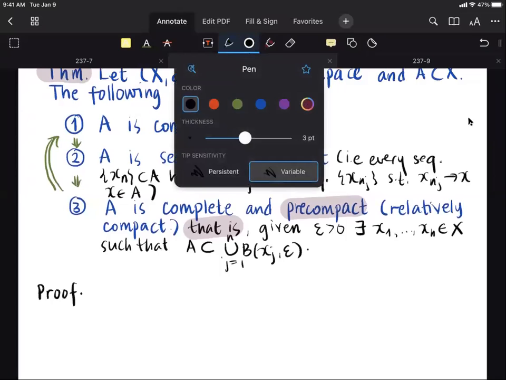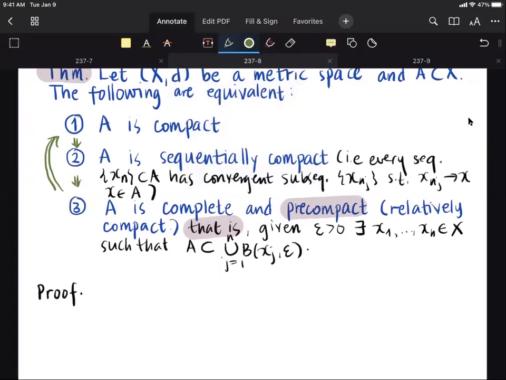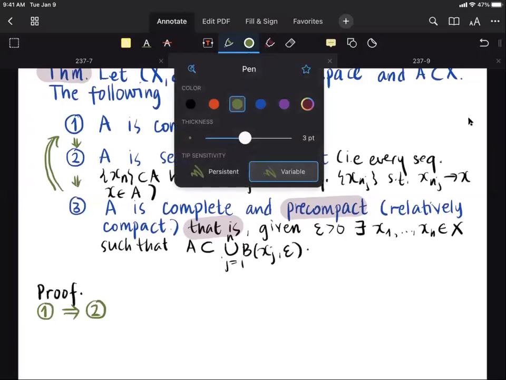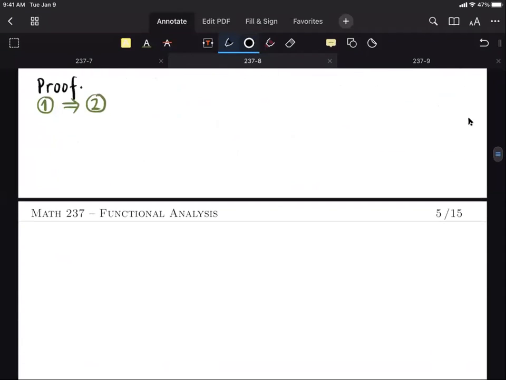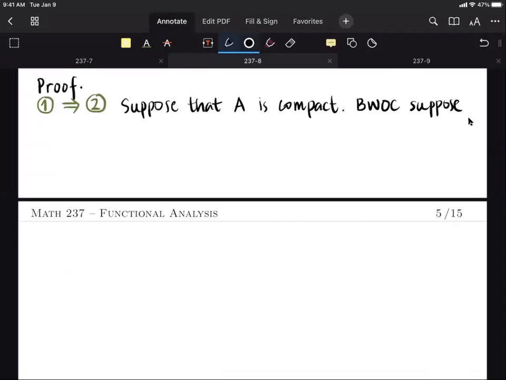So let's now start the proof. So for this, let us suppose that A is compact and by way of contradiction, suppose that A is not sequentially compact.